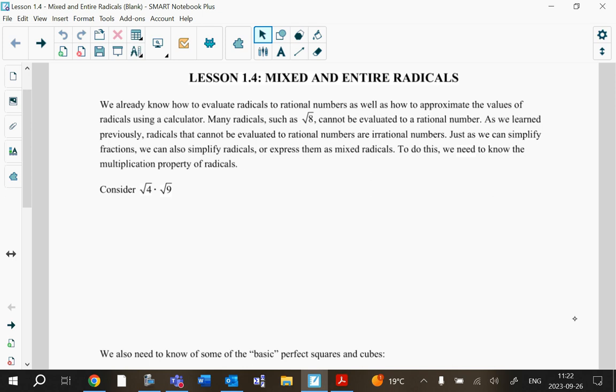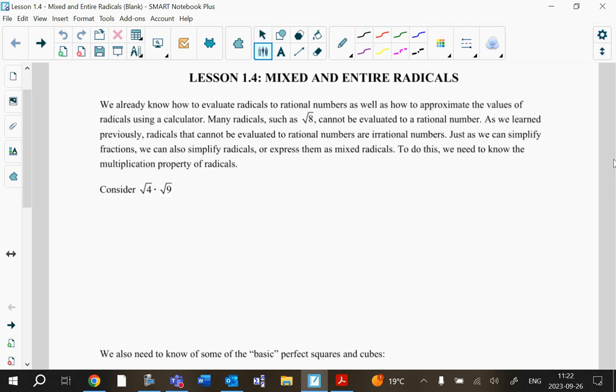Like the square root of 8. We can approximate them using a calculator, but we can't take their exact value, because the square root of 8 is going to be between 2 and 3 somewhere. You can take the square root of 8, but you're going to need a calculator to do it. So I want to make a correction here.